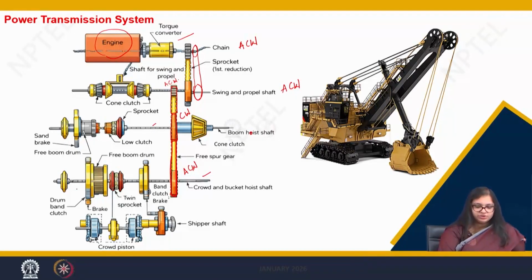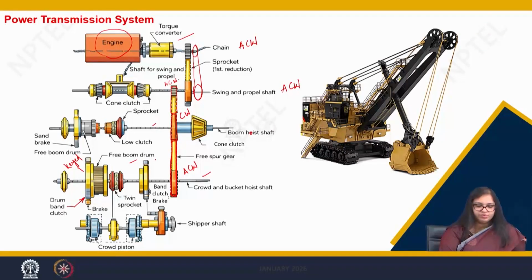Now, coming to the mechanisms inside this crowd and bucket hoist shaft. Here we see there is a free boom drum which is attached to the bucket, and there is a band clutch here. This band clutch is keyed to the shaft.